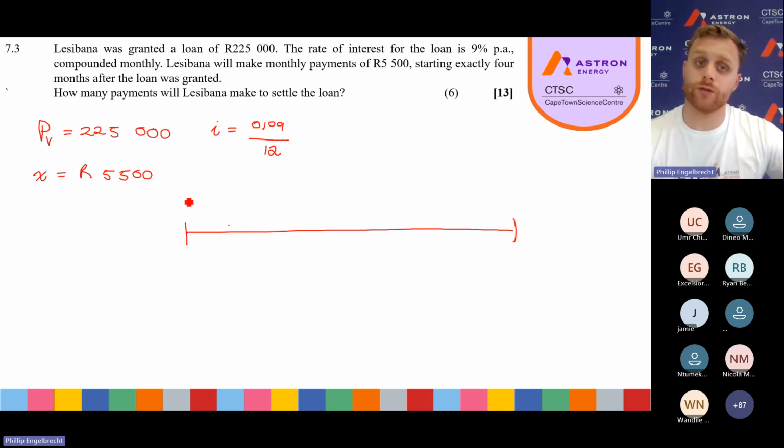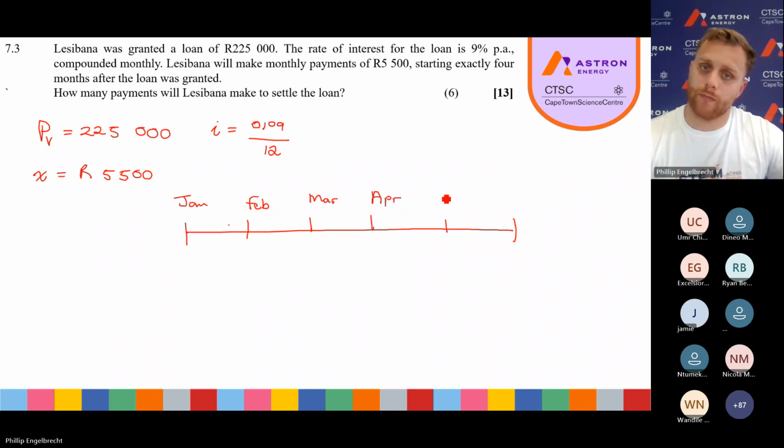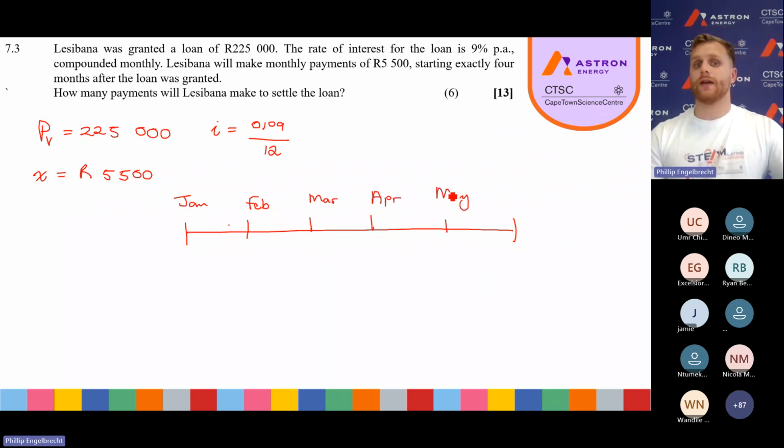So she was given the loan now at January, February, March, April, May. And she only paid after the 4th month. So she got the loan today, and then she skipped the 1st month, the 2nd month, the 3rd month, and she only started paying on the 4th month.